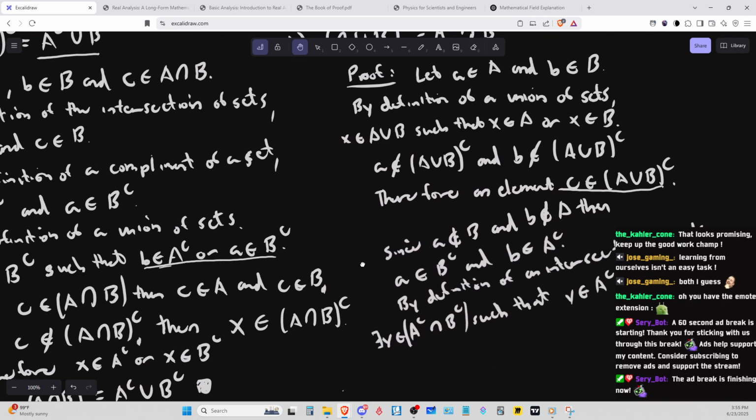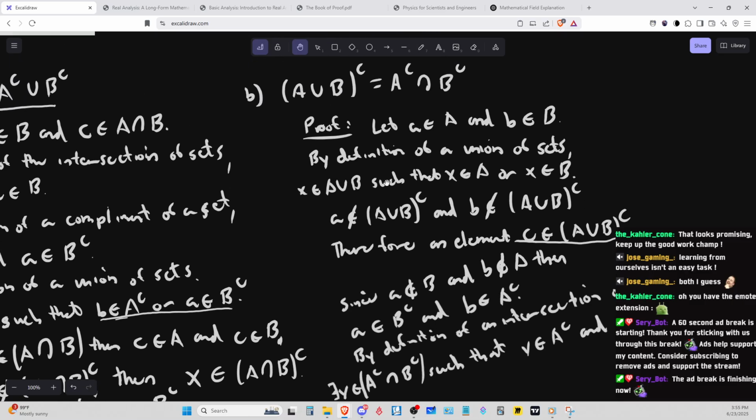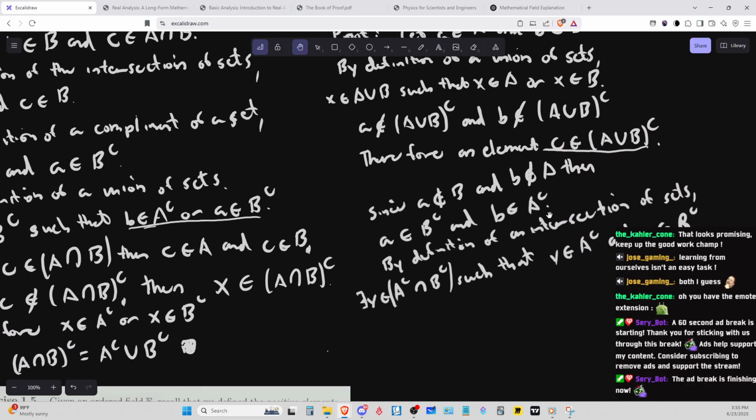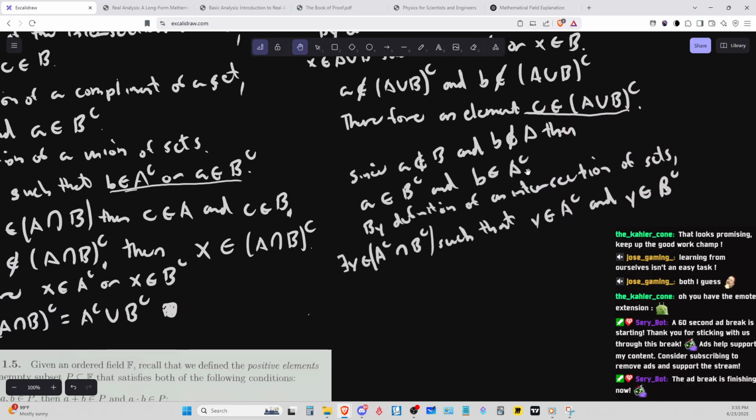It's just a little different because we're working with union to an intersection, but the structure seems the same.